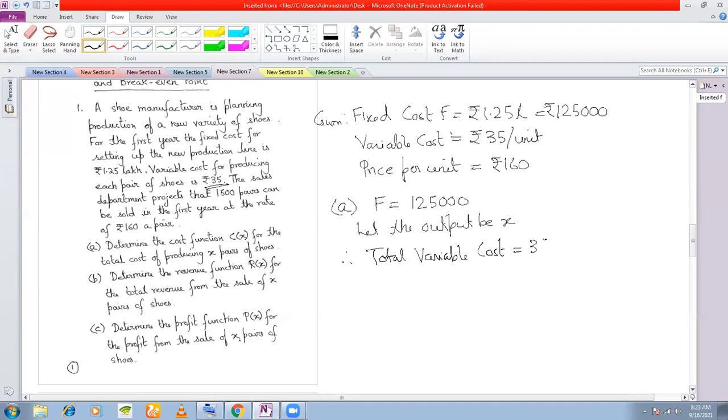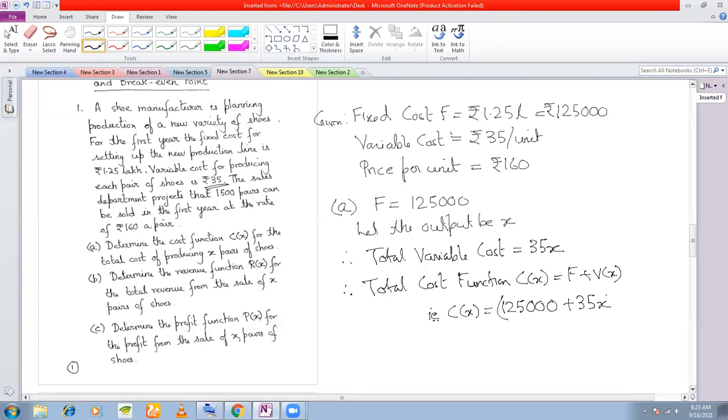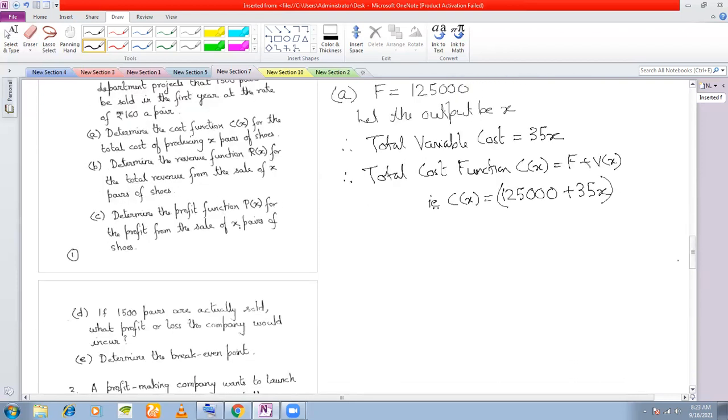X. So total variable cost is 35X, right? So what is the total cost function? C(x) is fixed cost plus total variable cost. That is, C(x) is equal to 1,25,000 plus 35X. This is your total cost function. Okay, that answers the first question.